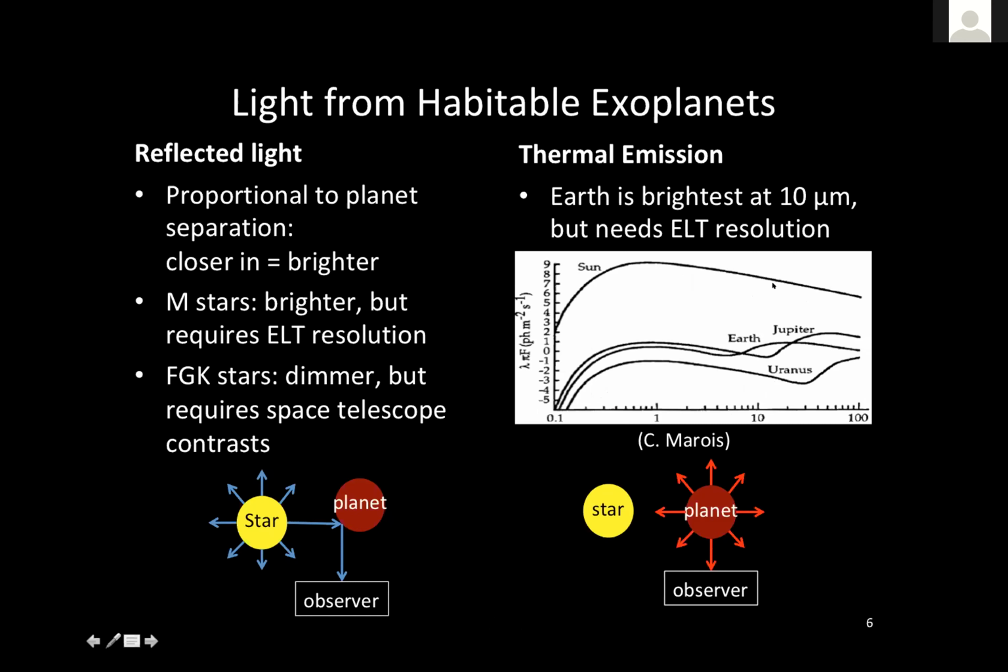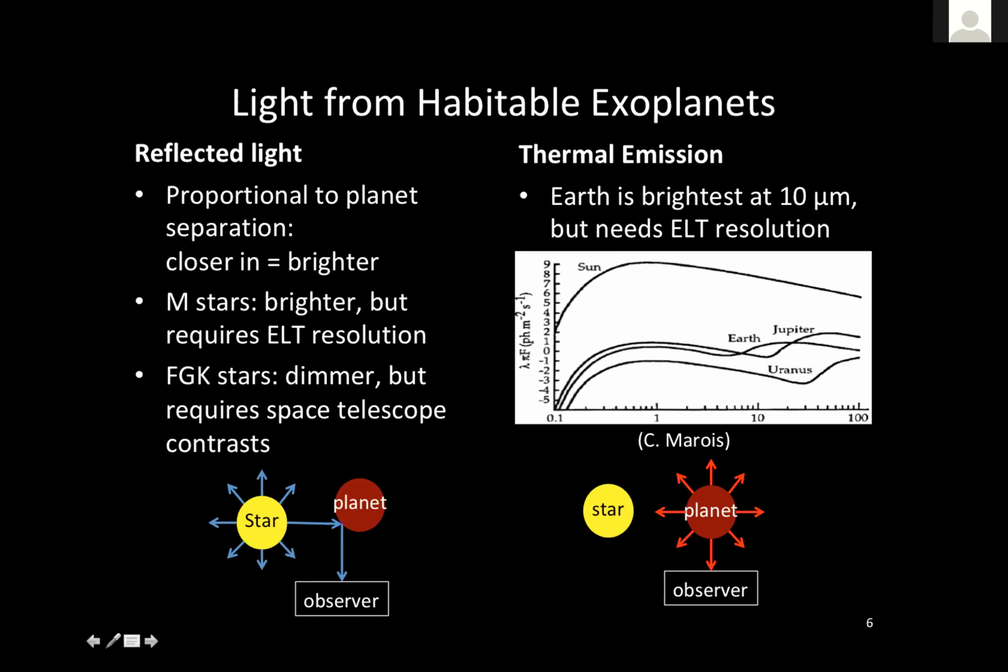In thermal emission, it's easiest to do that at 10 microns because Earth is the brightest at that wavelength, and so the planet to star contrast ratio is the easiest to reach with current instruments. Whereas reflected light is fainter for an Earth analog in the visible, and we really need to go to space telescopes to do that.